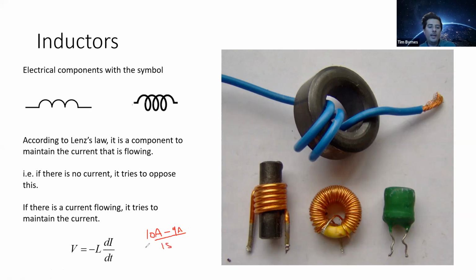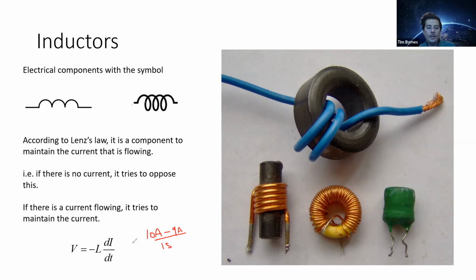And this L is just some number which characterizes how strong the inductor is. It's basically a proportionality constant, so it's just a number.